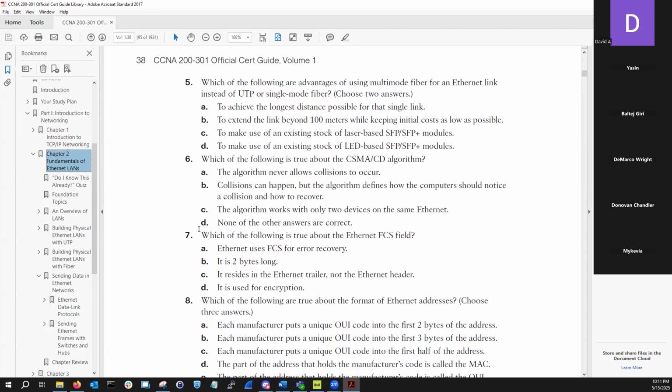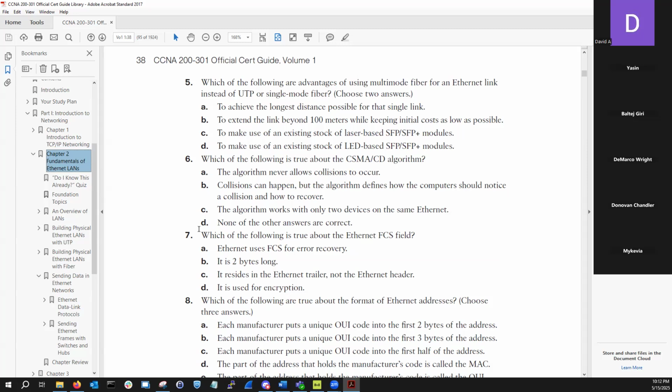What's the limit of the distance for UTP and single mode, in meters? UTP, I don't remember all of the categories, but category 5, I believe, is capable of 100 meters. Whereas single mode fiber can give you distance in kilometers.